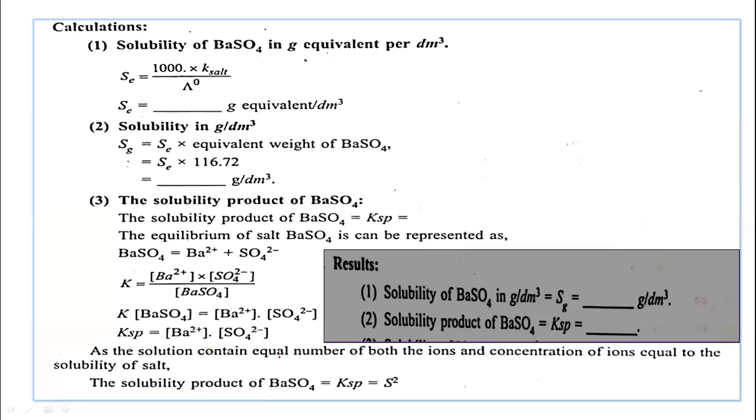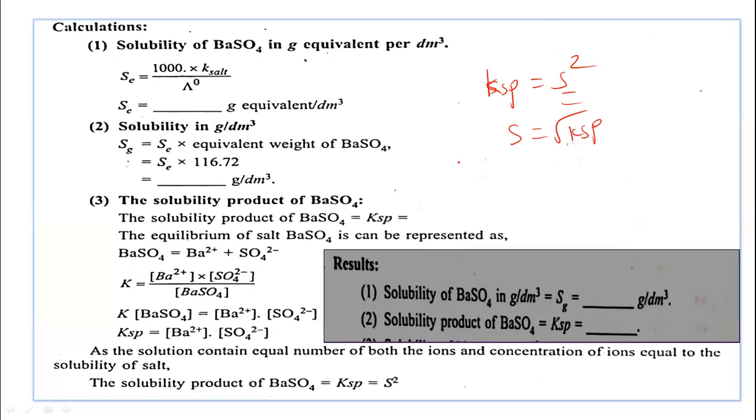As the solution contains equal numbers of both ions and the concentration of the ions is equal to the solubility of the salt, we can write the solubility product of barium sulfate, Ksp, as S square, or S is equal to the square root of Ksp. Thus we can determine the solubility product as well as the solubility of barium sulfate.